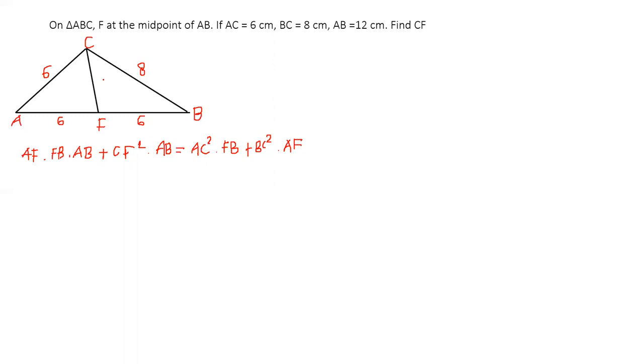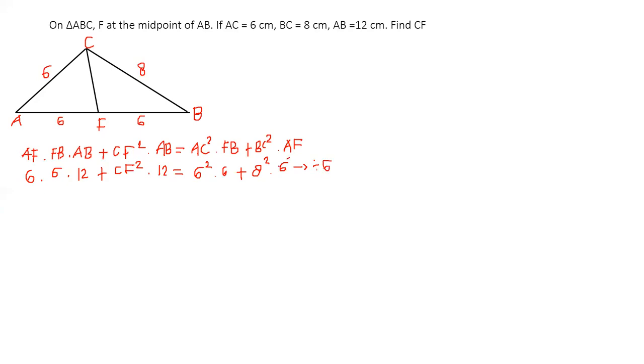Substitute the line segments with the numbers: AF 6, FB 6, AB 12, CF not yet, AB 12, AC 6, FB 6, BC squared 8 squared, and AF 6. Next, we may divide by 6 to simplify.